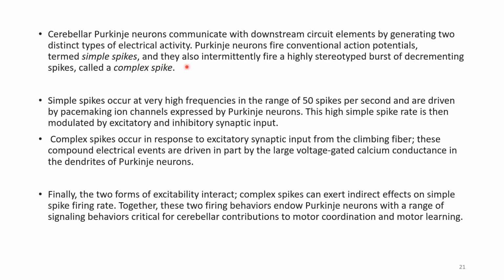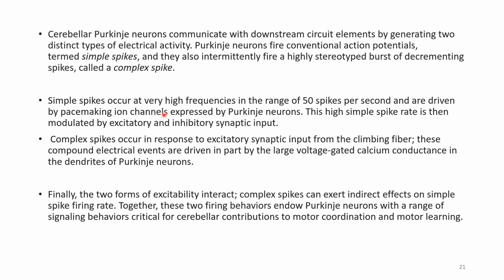And they also intermittently fire highly stereotyped spikes, which are called complex spikes. When they are activated by climbing fiber input, they will give an action potential like a complex spike.